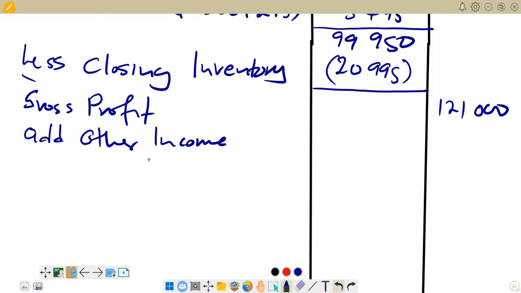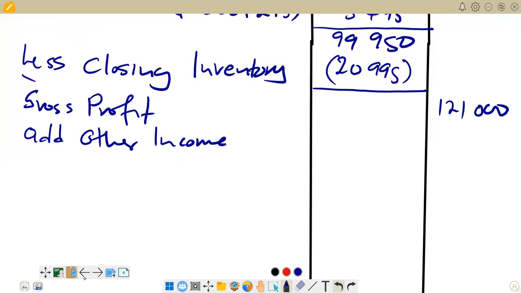If it's a decrease of provision for doubtful debts or allowance for credit losses, we put it here under other income. But if it's an increase, we are going to put it under less expenses. So we are going to pick the other income that we have in the question.